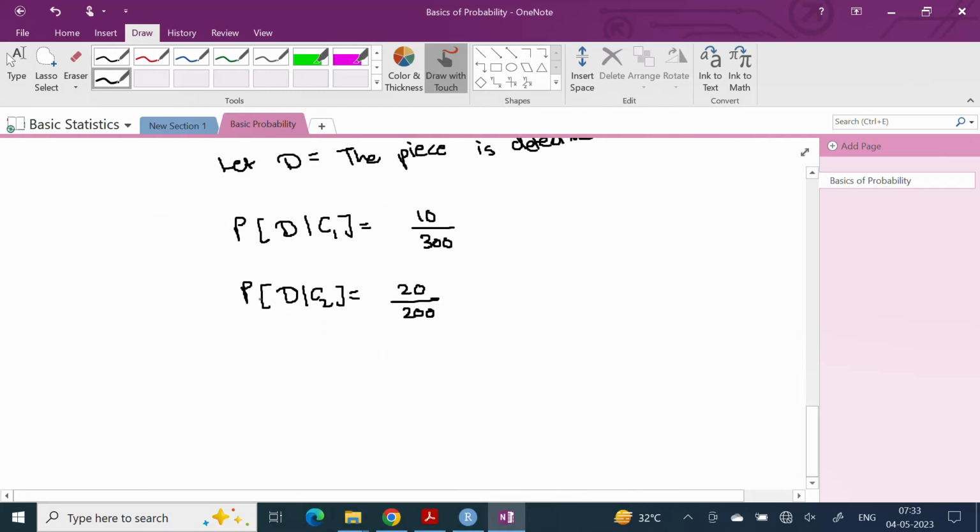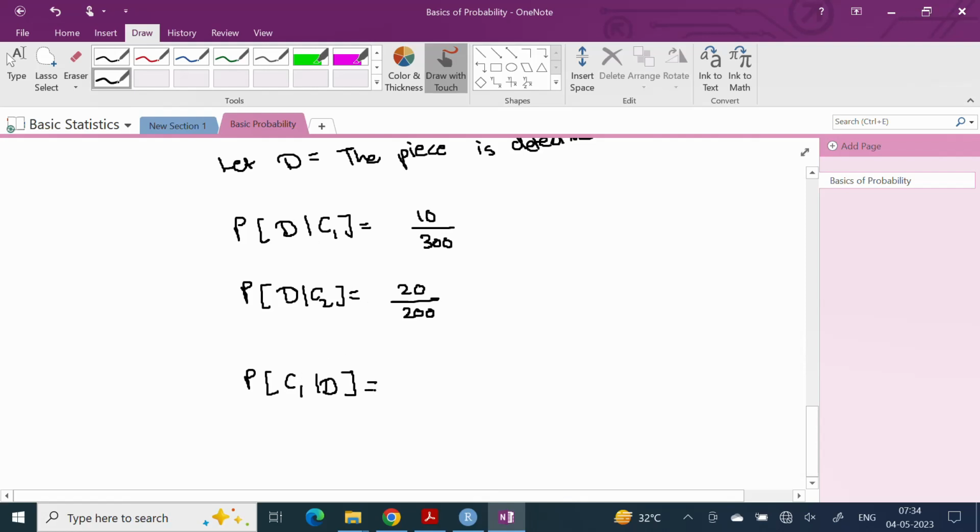Now we are interested in deciding whether a piece belongs to company 1 if it has been defective. What are the chances that the defective piece has come from company 1? So the probabilities that we have are D given C1 and D given C2, and the probability that we want to compute is C1 given D. So this is basically a kind of reverse of this.